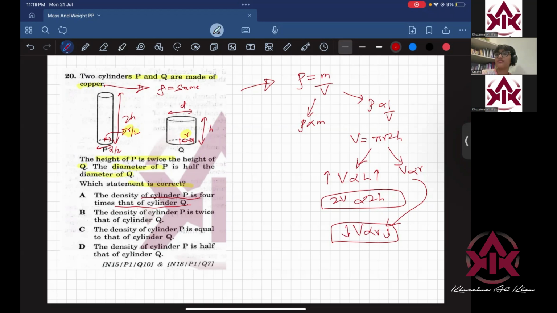So if you reduce the radius by half, the volume will also reduce by half. Basically, the effect of doubling the height is canceling the decrease in volume. If you halve the radius, the volume decreases by half, but that is compensated by increasing the height to twice the value. So the volume remains unchanged. Does that make sense?